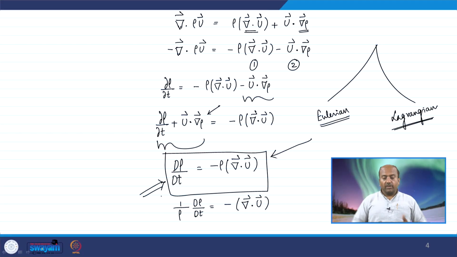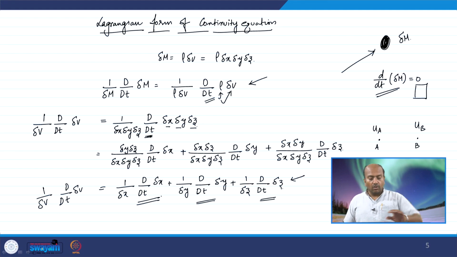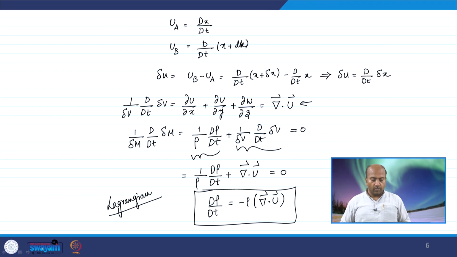Using a vector identity, we rewrote the right hand side into two terms, and then by doing some algebraic rearrangement, we realized it can be written in terms of a total derivative, and the fractional change of density with respect to time is equal to the negative of the velocity divergence. So this is one more variant of the Euler control volume driven equation of continuity. But then we took the Lagrangian control volume, and we realized the form of the continuity equation is one and the same. Okay.